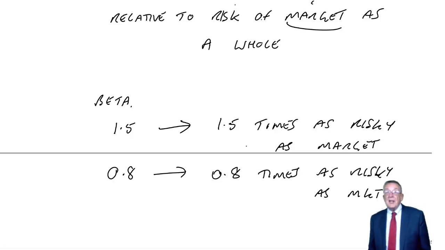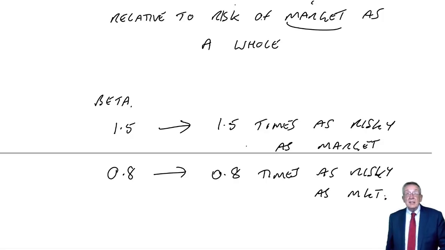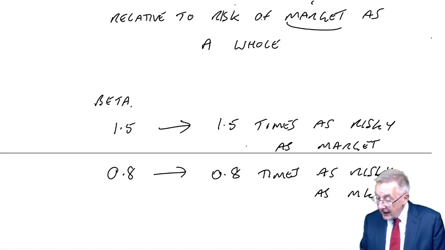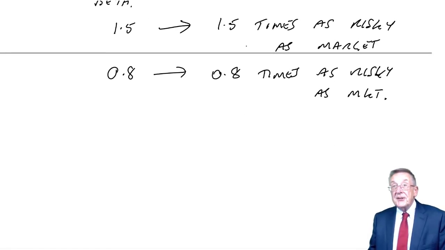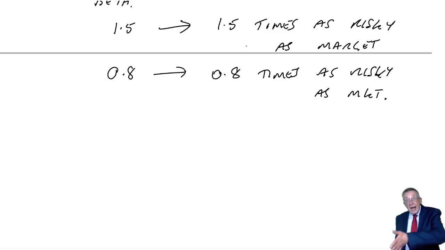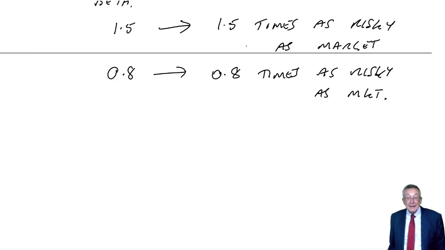You're given them in the exam, and for major companies they are quoted. You can find them on the internet, although a lot of companies charge for telling you what the betas are. But all it is, the beta, is how risky it is relative to the stock exchange as a whole. 1.5 times as risky, 0.8 as risky, 0.2 as risky, twice as risky, and so on.